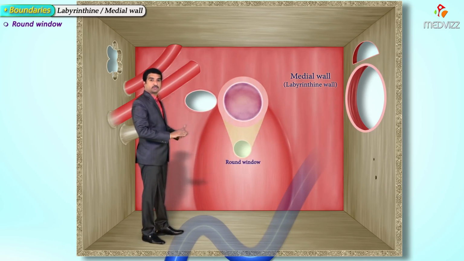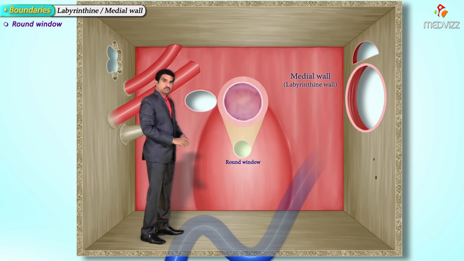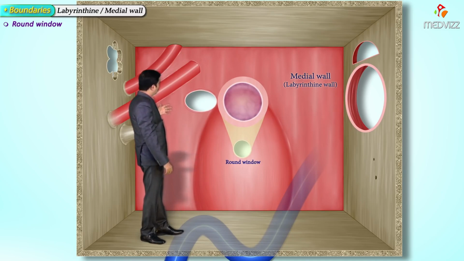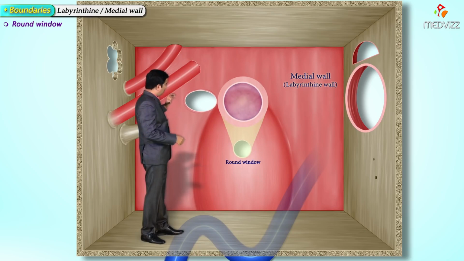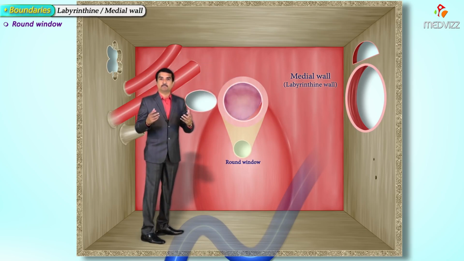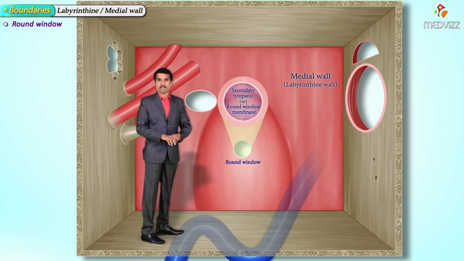So first let's discuss the round window. We can see the structure, right? The round window is one of the two openings seen on the medial wall of the middle ear. It is nothing but a part which separates the middle ear from the inner ear. This structure is sealed by a secondary tympanic membrane, which is also called the round window membrane.